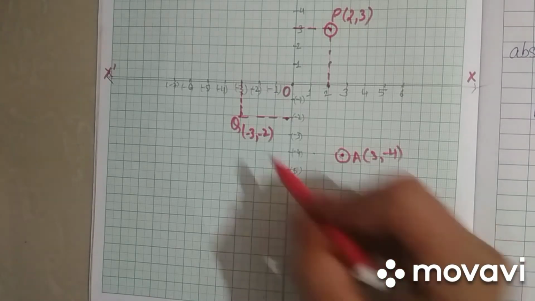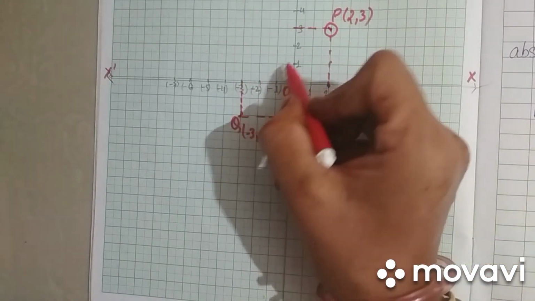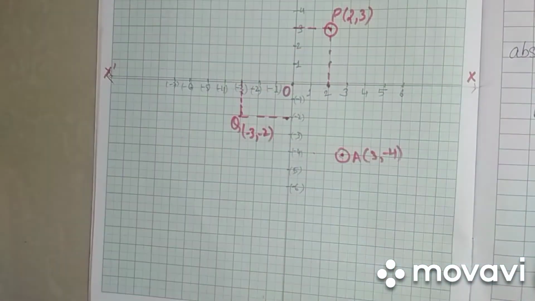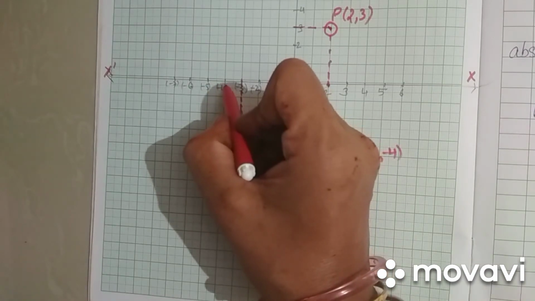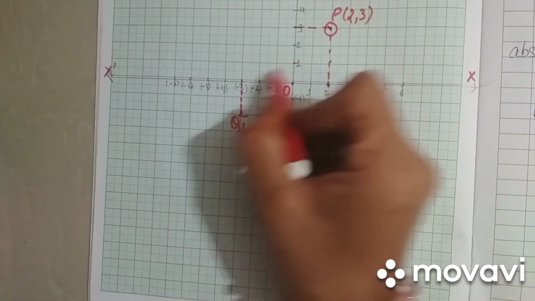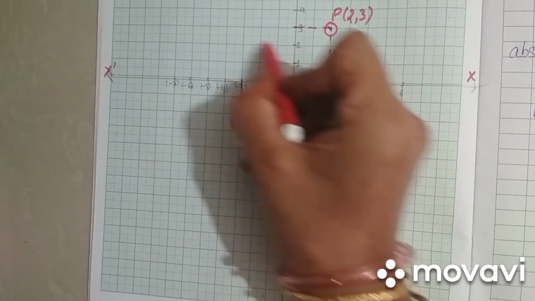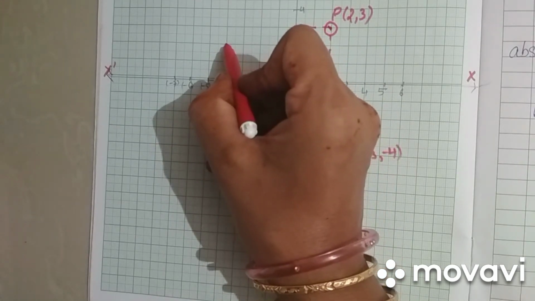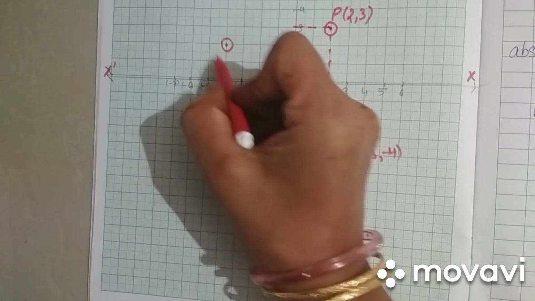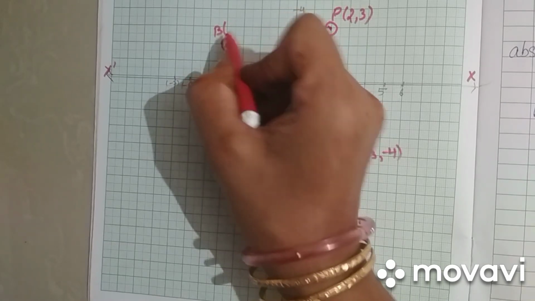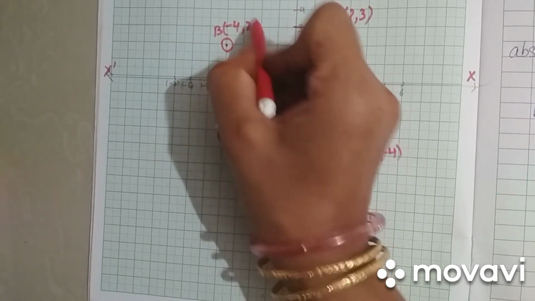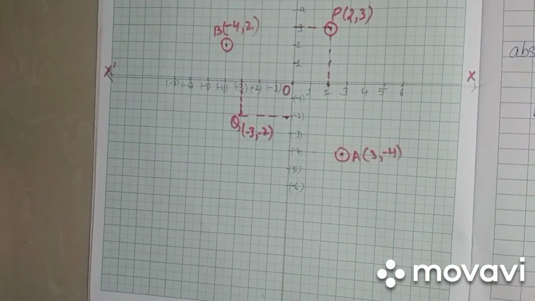So now see where it is, -4 and plus 2. The second number you always see on the y-axis and the first number on the x-axis. X is negative, so I will move to the left side here, and y is positive. So where both intersect at this point, name it B, and (-4, 2) is my point.